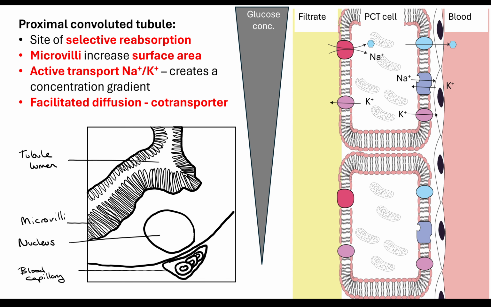For us to understand what's happening at the proximal convoluted tubule, we have to understand that it involves the transport of ions to get the glucose back into the bloodstream. And this continues all the way down through the proximal convoluted tubule, so that when you get to the end of it, all of the glucose should have been reabsorbed back into the bloodstream.